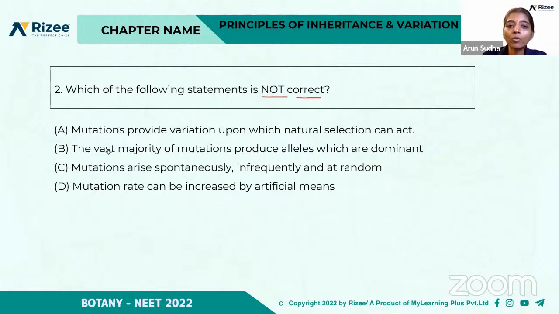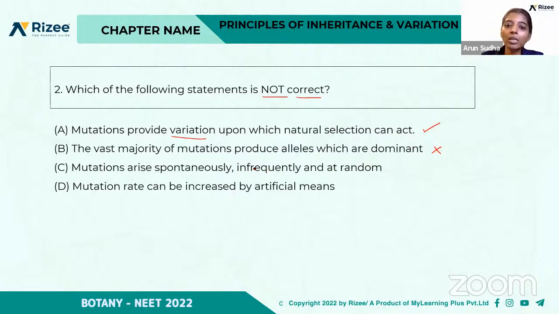That is, the vast majority of mutations produce alleles which are dominant is the incorrect statement, but all the other statements are correct. Mutations provide variation upon which natural selection can act is the correct statement. That is, they produce variation. Mutations occur spontaneously, infrequently, and at random, so we cannot induce the mutation, right?